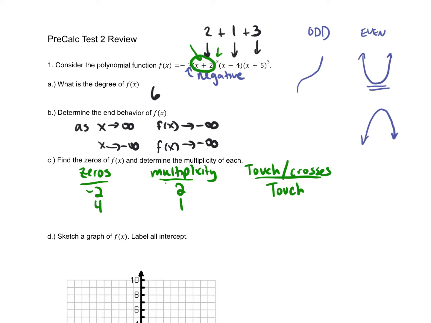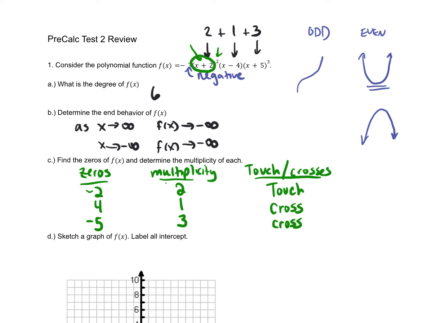And the multiplicity is just 1 because there's no power on that factor. So this is going to cross. And finally, we have negative 5, which is the last factor, multiplicity of 3, which is going to cross as well. Remember, even multiplicities will touch and bounce off. Odds will cross through.